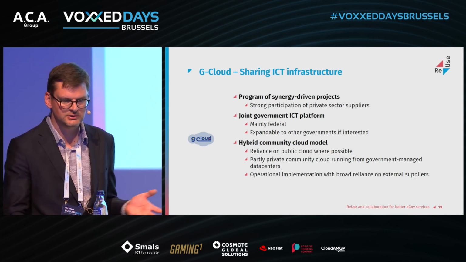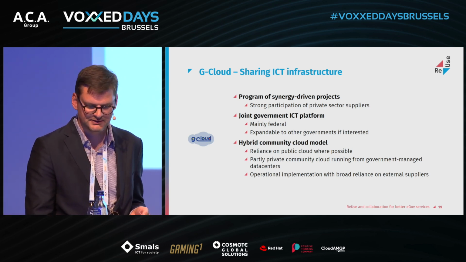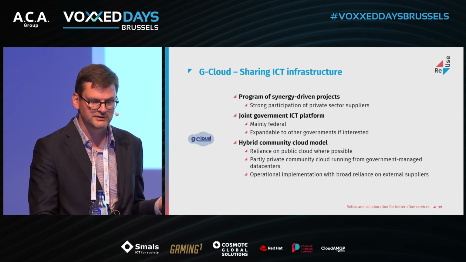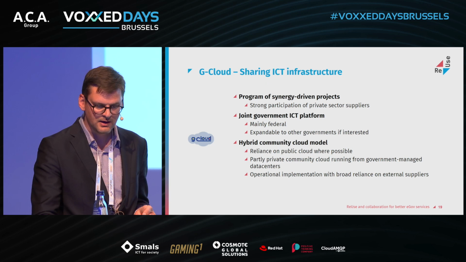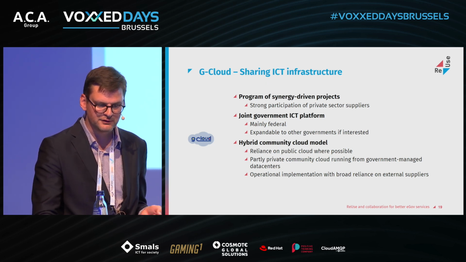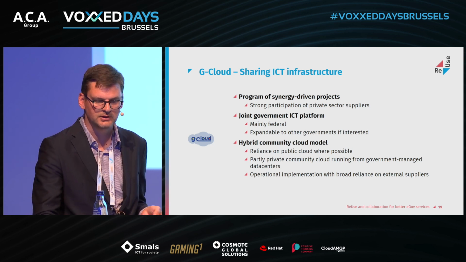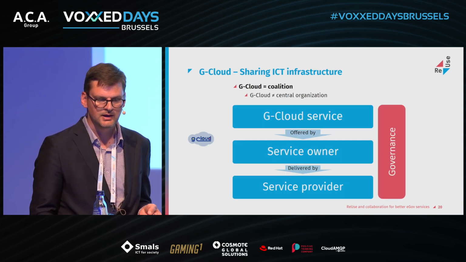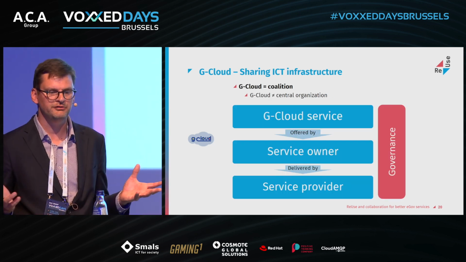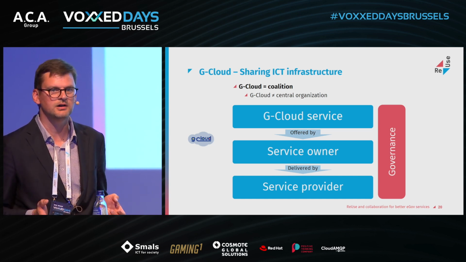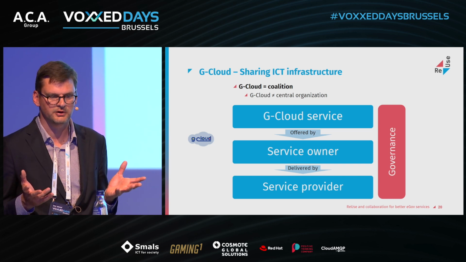So the GCloud Initiative, as I said, has strong participation of different suppliers, mainly federal. For now it's a hybrid community cloud model. And how are these services offered? We have different GCloud services that are put forward in a sort of coalition.